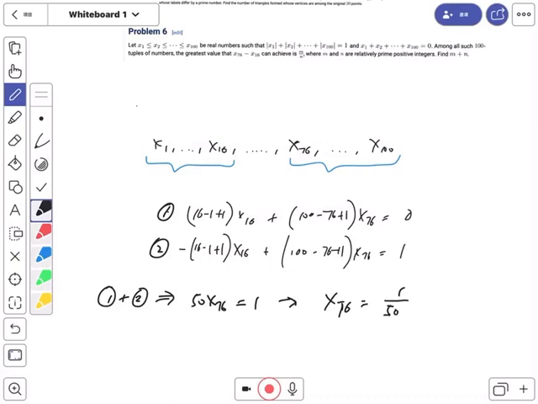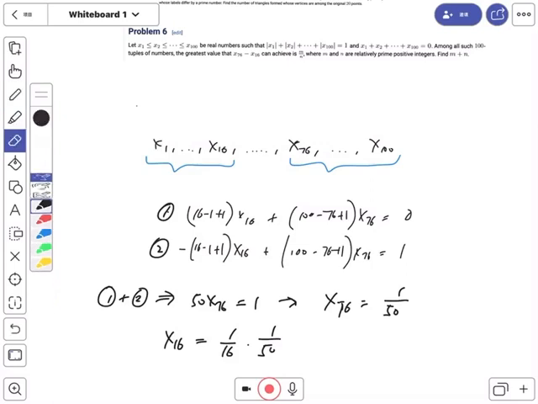Now, after we find that, x sub 16 we can find to be 1 over 16 times the remaining sum, so x sub 16 is equal to negative 1 over 32.